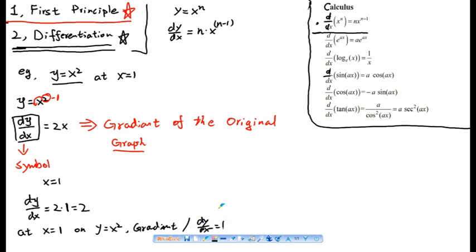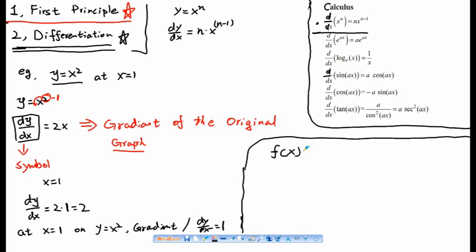dy dx means the gradient. This is how we do it. I will do some more examples, but for now let me introduce some mathematical symbols.